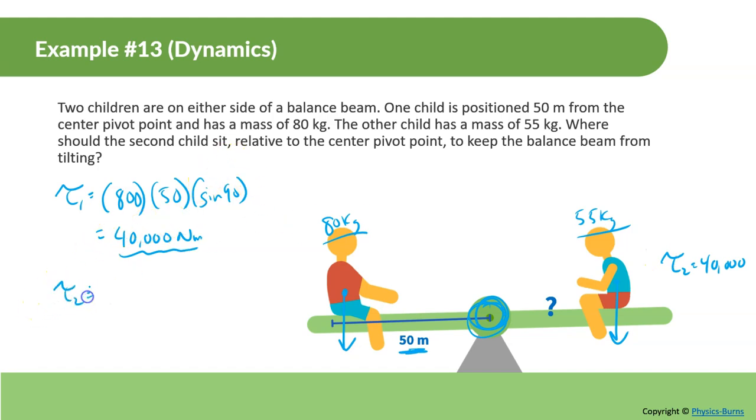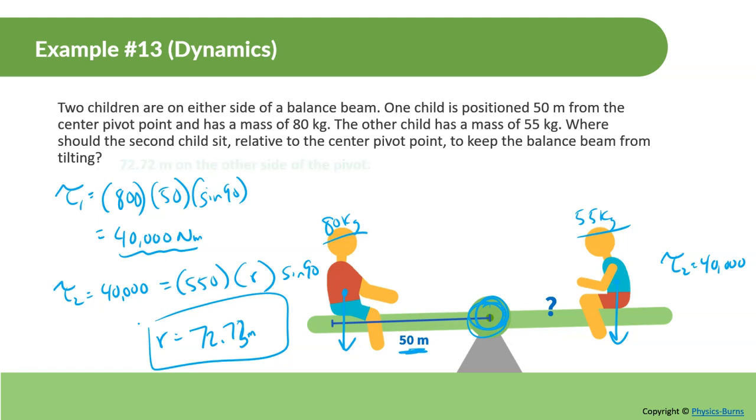Torque 2 is going to equal 40,000, and this is equal to his weight, 55 times 10, 550, times a distance we don't know, times sine of 90. We can find that R: 40,000 divided by 550, and we get that he is 72.72 or 73 meters. It's a pretty long seesaw.